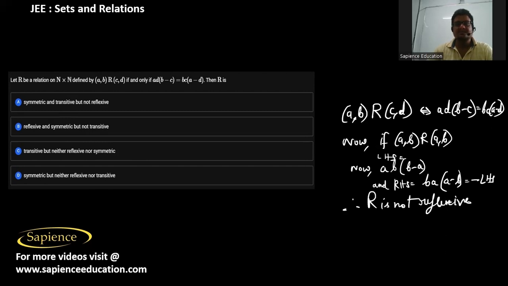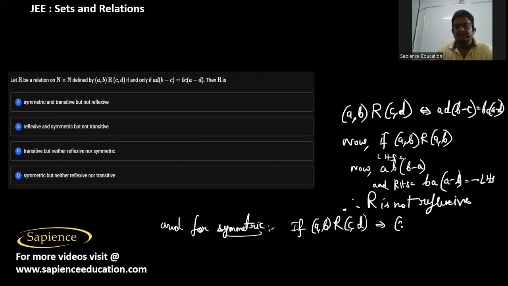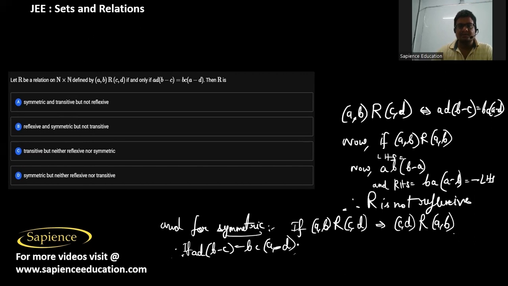It is not reflexive. And for symmetric, we have to check: if (A, B) is related to (C, D), then it also implies that (C, D) should be related to (A, B). So if AD into (B minus C) is equal to BC into (A minus D), then will this be true or not?